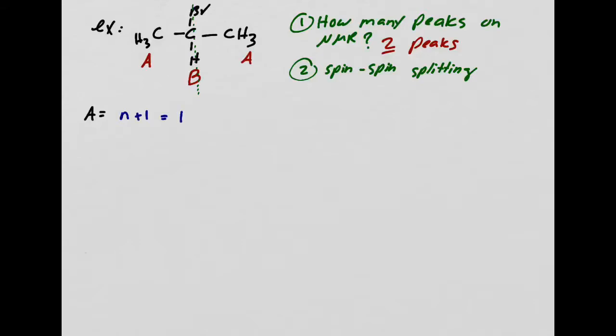My N is 1. 1 plus 1 is going to be 2. That means what I'm going to get? I'm going to get a doublet. So far so good. Because again, you look at the adjacent carbon. Adjacent carbon has 1 hydrogen. So 1 plus 1 is 2. So I'm going to get a doublet. We're good? Okay, beautiful.